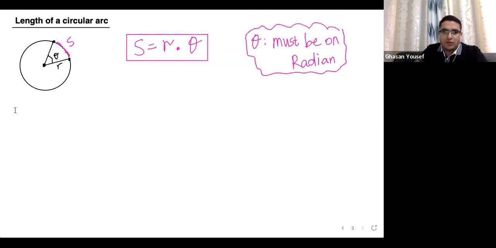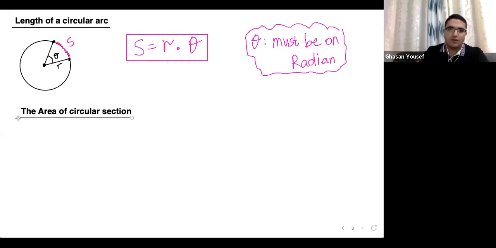Also, we should know another formula, which is the area of the circular arc or the circular section. So suppose I have a circle like this, again, same as before. And this circle has a radius r.